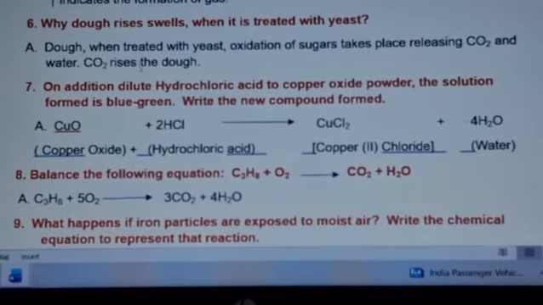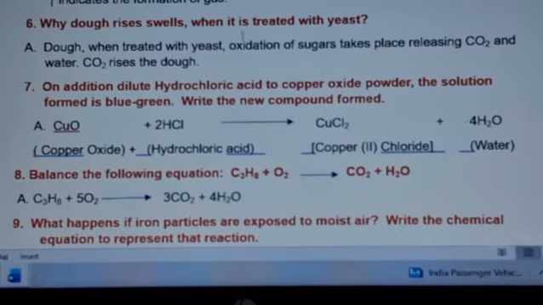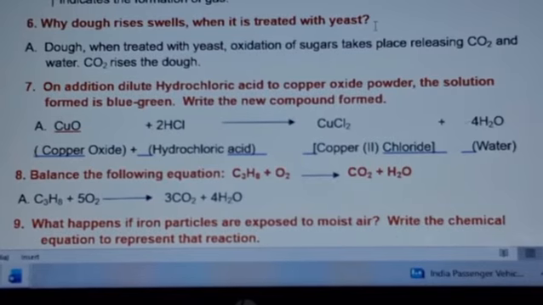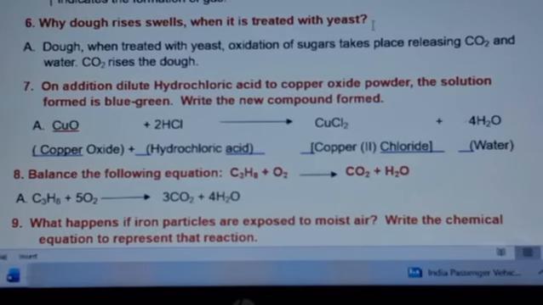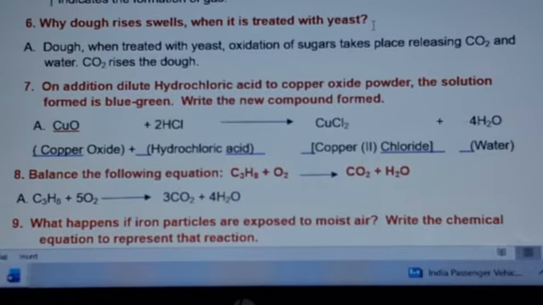Why does dough rise, swell, when it is treated with yeast? You might have seen, children, in your house, the idli dough which your mother kept outside of the fridge, or sometimes even in the fridge, sometimes it pushes the lid and the white matter comes out of it.